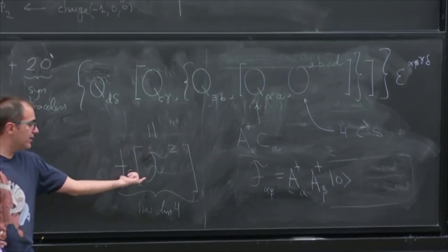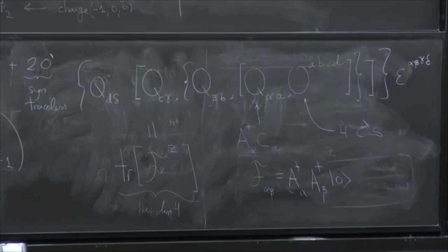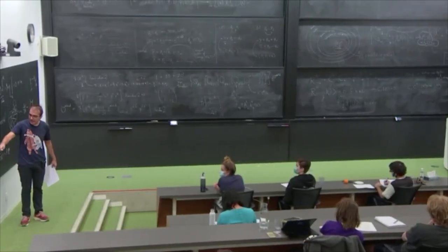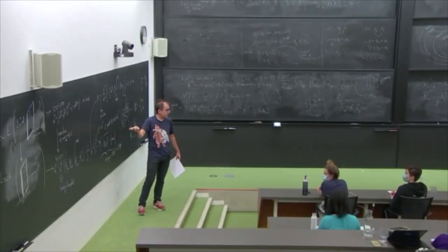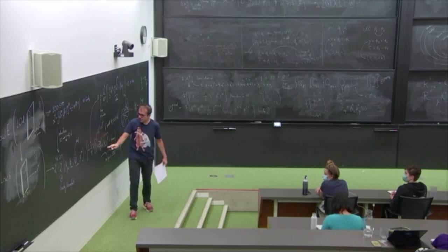Why? Because now this guy is one of the elements of the Lagrangian. I can write this Lagrangian, this trace of F squared, as trace of curly F squared plus trace of F bar squared. And now I show that this guy has dimension 4. But everything in the Lagrangian is related to each other by supersymmetry. And so the coefficient of this guy must be the same as the coefficient of the scalars, the coefficient of the fermions. They are all locked to each other.